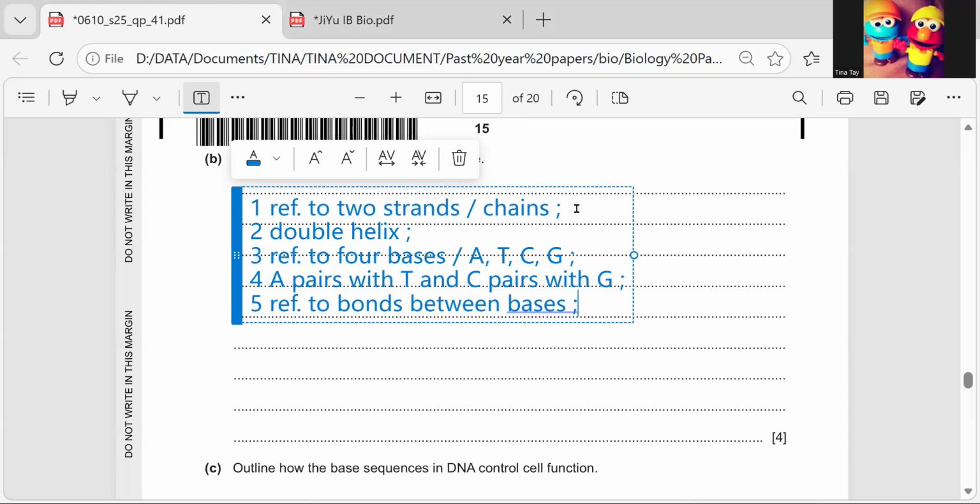Two strands of DNA molecules in a double helix. There are four bases, which are C, G, T, A. A pairs with T and C pairs with G. There are hydrogen bonds between the bases.